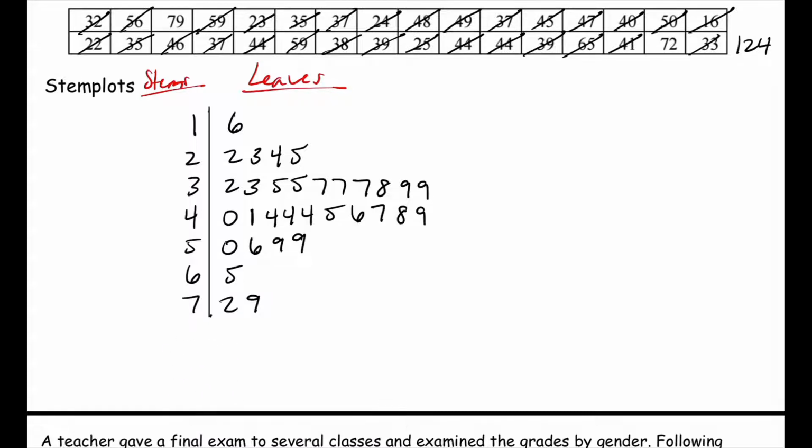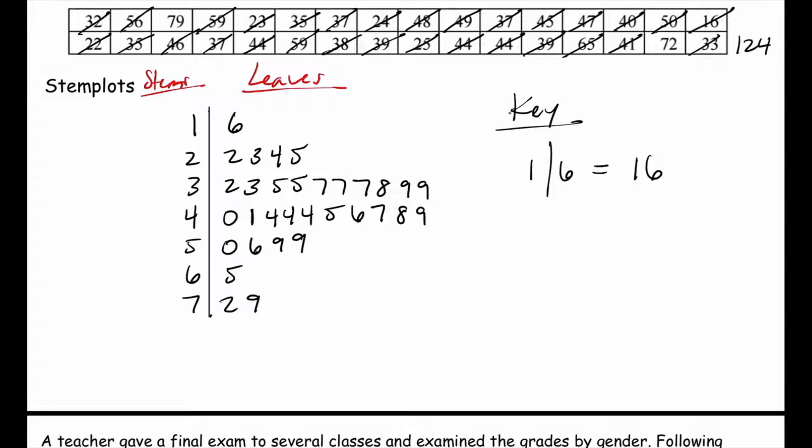So the other thing we need is a key so that someone who's reading this knows what we're talking about. So we need a key. So we say, for example, 16 equals 16. The reason we do that is because stems won't always be tens. Sometimes they might be hundreds. Sometimes they might be thousands.